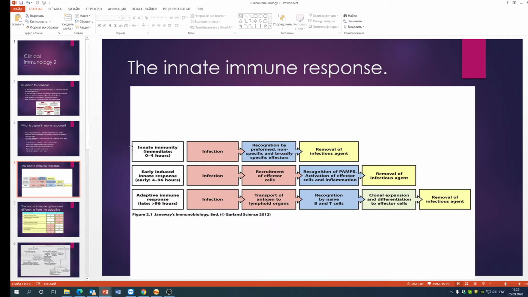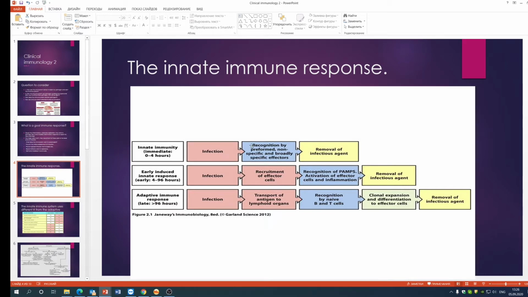Innate immunity starts from initial infection to 4 hours. This results from infection areas, with recognition performed by non-specific and broadly specific effectors, and removal of the infectious agent.